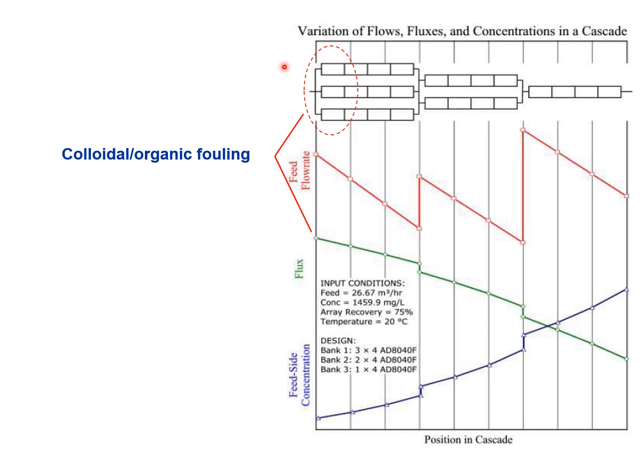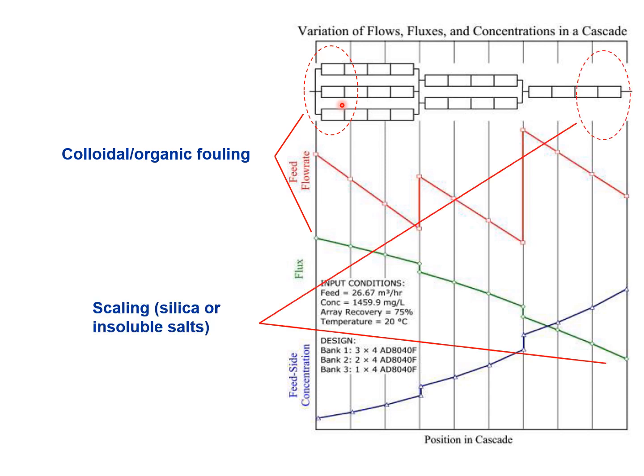So in the first stage, they have mostly colloidal and organic fouling at the beginning of your element. At the last element, we have a high concentration of salt, and this will create scaling such as silica or insoluble salts like calcium carbonate, calcium phosphate, and calcium sulfate.